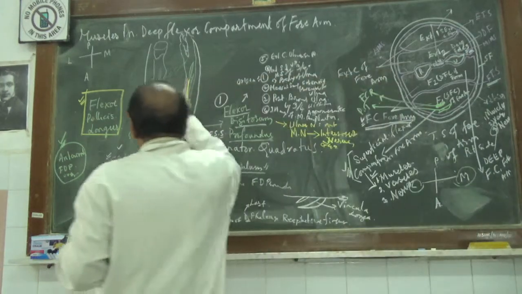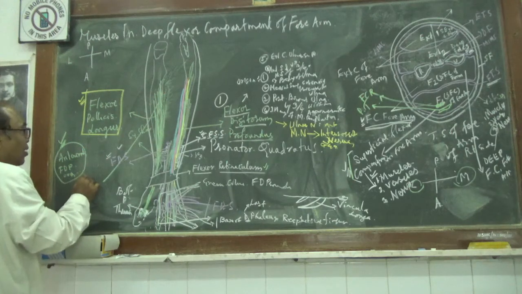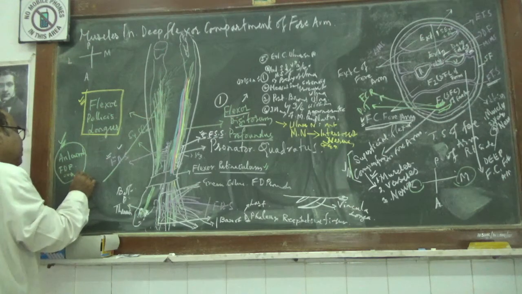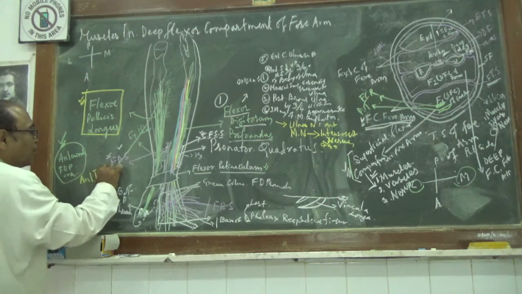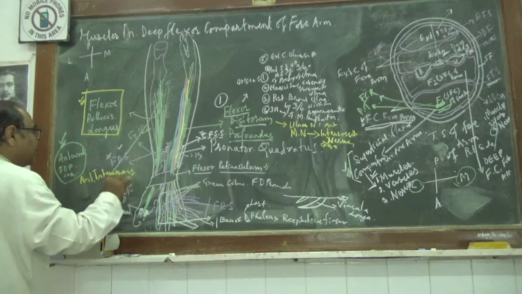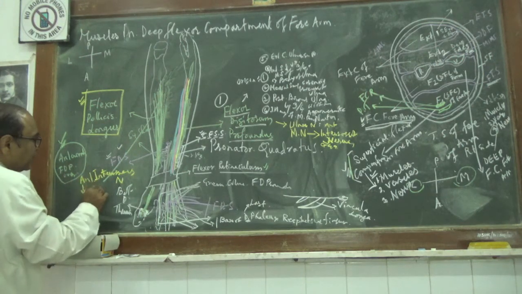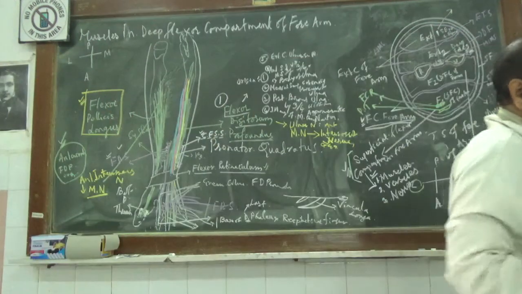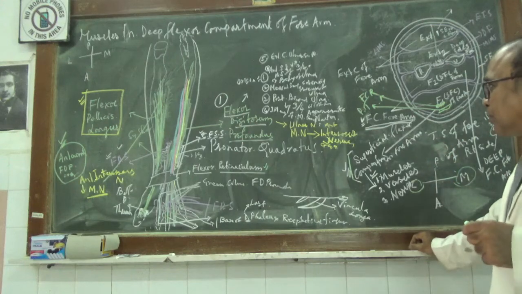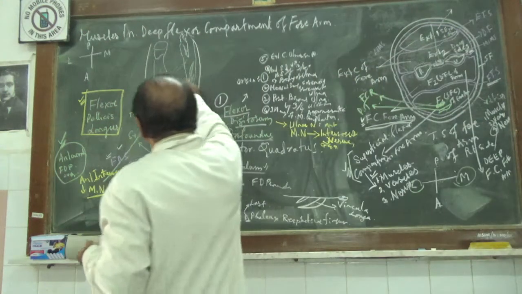Now what is the nerve supply for this? Nerve supply for flexor pollicis longus is totally by the anterior interosseous nerve, a branch of the median nerve, with the same root values as the anterior interosseous nerve supply for flexor digitorum profundus, the lateral part.